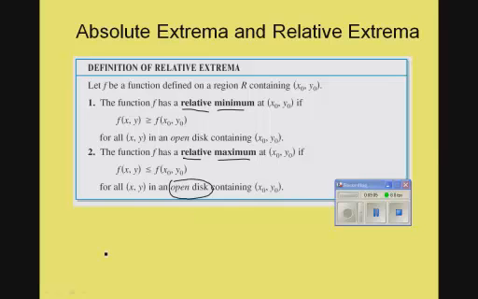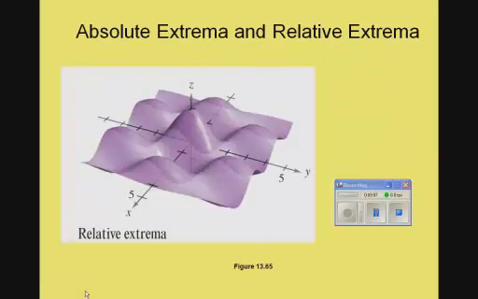Right? So let's show you the picture. Here. Nice picture. Don't ask me what equation that is. I don't know, but you can get that from Maple or something like that. Z equals, who knows. But I think, if I'm understanding the picture right, around here, you guys see this black dot? Right around there, I have what I would call a relative maximum.